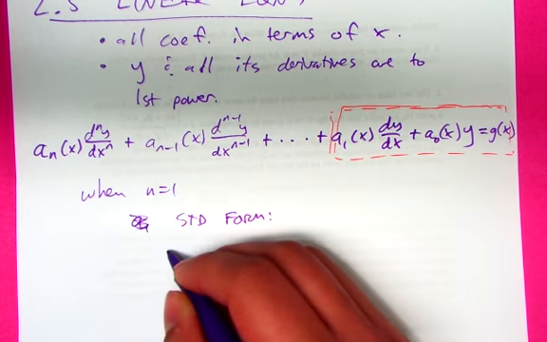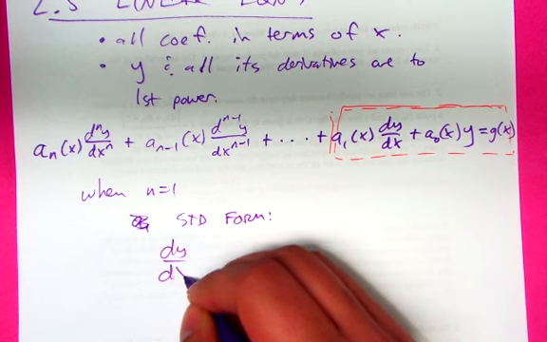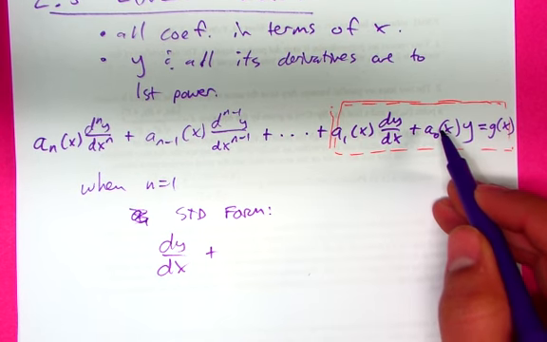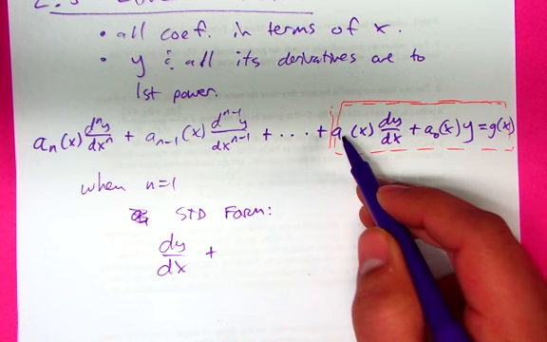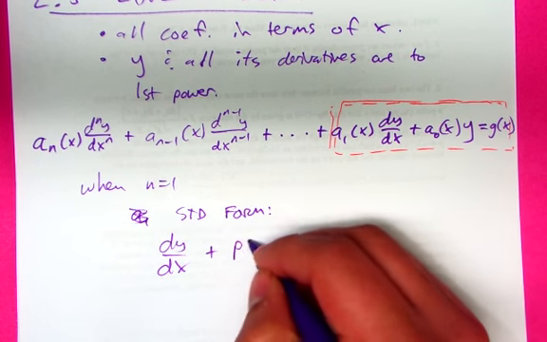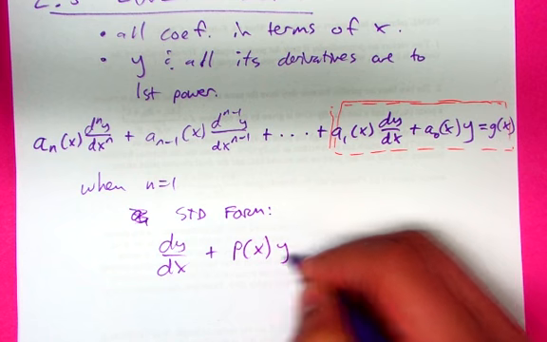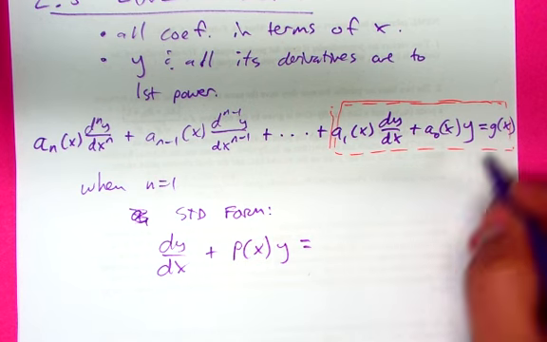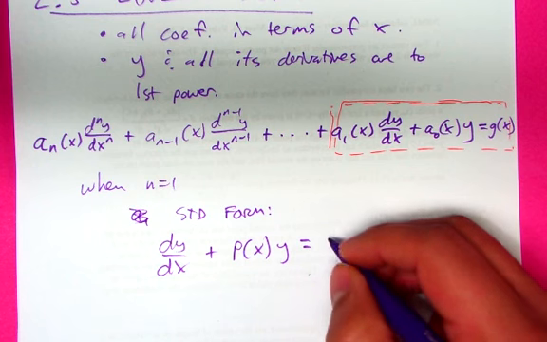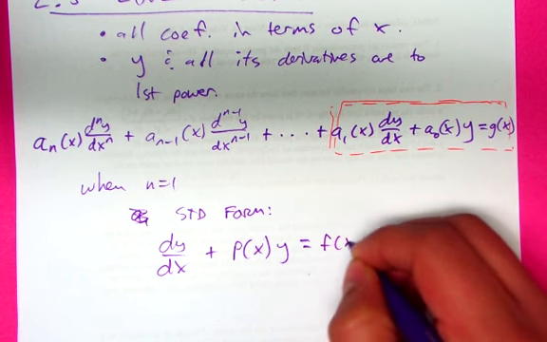which is dy dx plus a sub 0 of x divided by a sub 1 of x. We'll call that p of x. And then this g of x, when I divide that by the lead coefficient, I'll give it a new name and call it f of x.